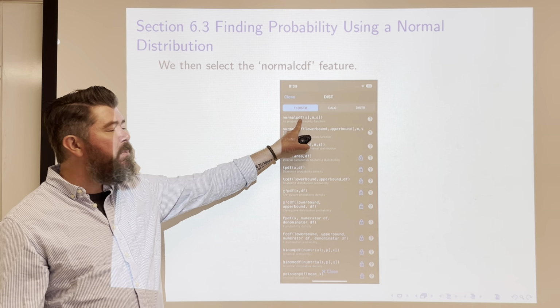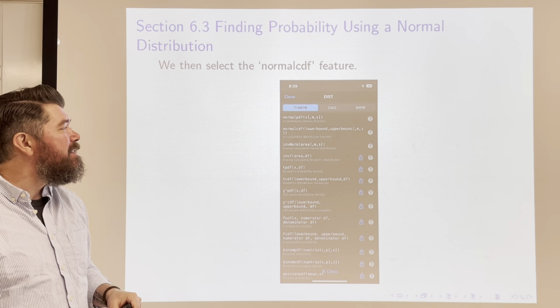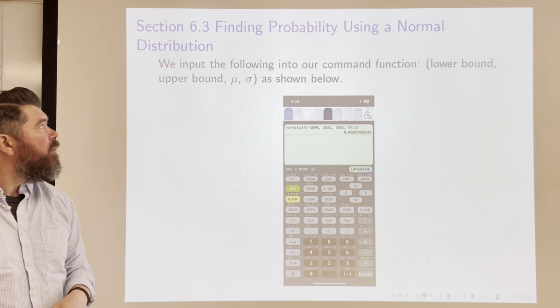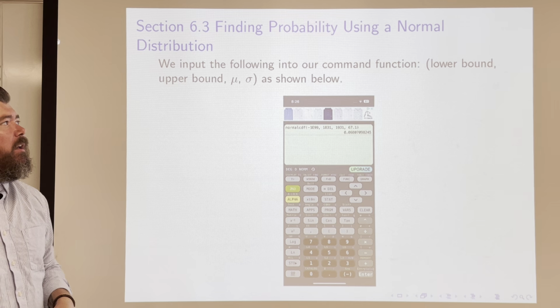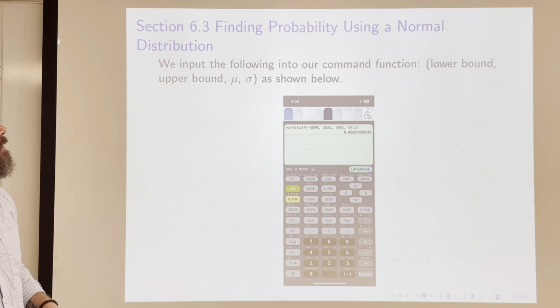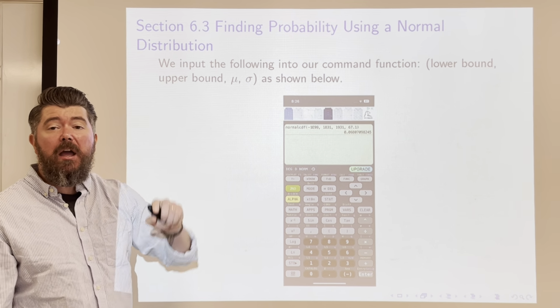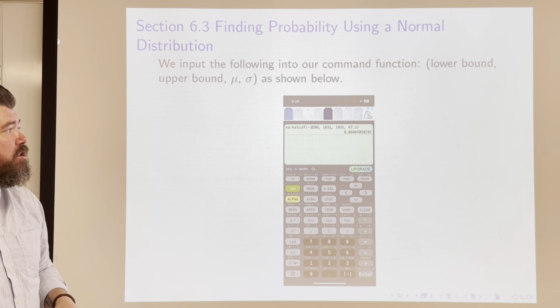Now there's a normal PDF, don't choose that one, but right below it is our normal CDF. We input the following into our command function: our lower bound, our upper bound, our mean, mu, and our sigma as shown below.